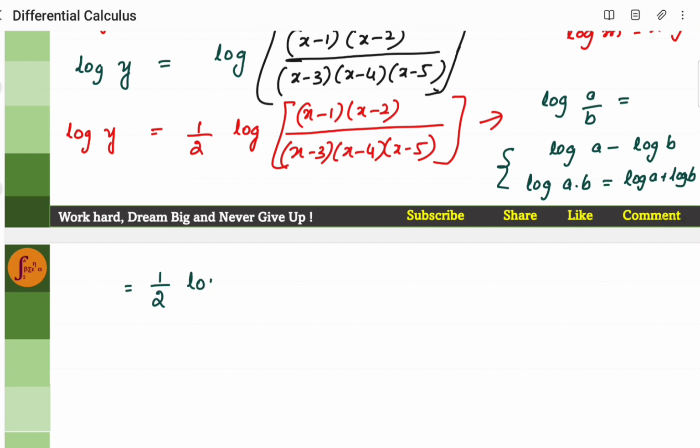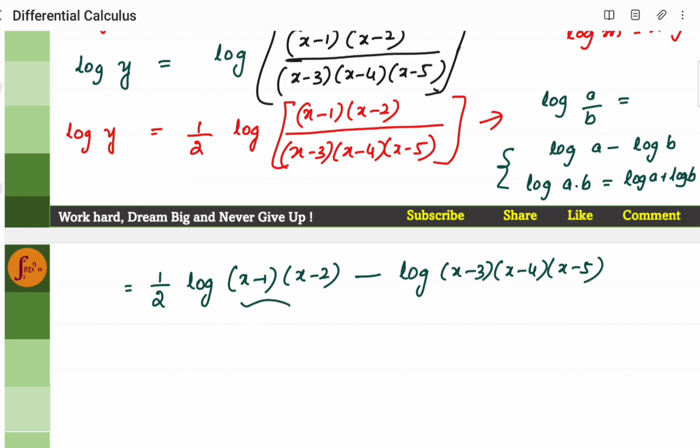You can write this as log of (x minus 1) into (x minus 2) minus log of the denominator, (x minus 3) into (x minus 4) into (x minus 5). Now again, you have multiplication here, right? So you can use the addition logarithmic law. Let's not forget, this half is for the entire expression.